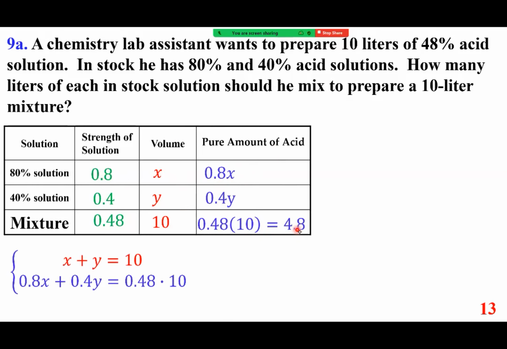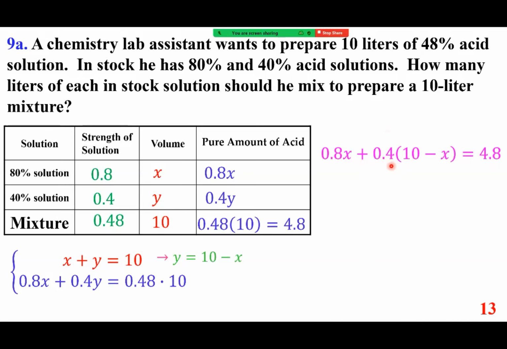You can do it by any method. For example, if you do it by the substitution method, you can solve for Y by moving X. And now replace the Y with 10 minus X in this equation. So we have 0.8X, we distribute. By the way, you can multiply both sides by 10 to get rid of the decimals, but this is fine, and I'll show you that one in a moment.